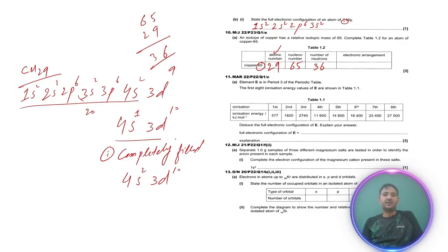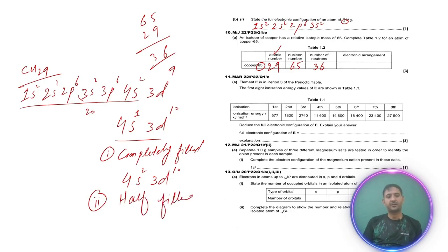The other criterion is half filled. Half filled means you have 4s1 and 3d5. Remember, half of 10 is 5, half of 2 is 1.